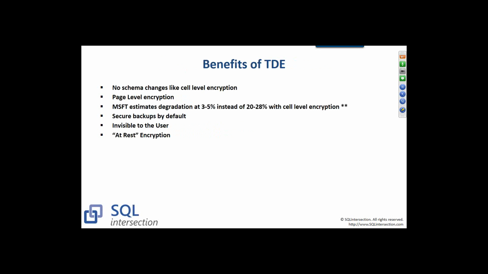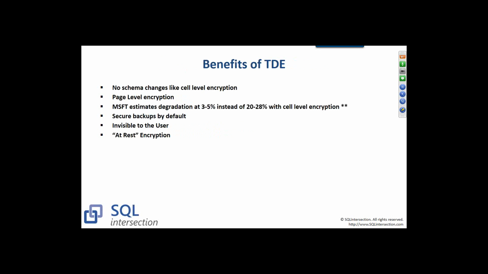The reason I leave it on the slide is for a comparison of TDE with cell level. These numbers may not be exact, but compare 3 to 5% as opposed to 20 to 28%. Those are the overheads you're going to get in TDE as opposed to cell level. So you can decide what you want to do, but the illustration isn't necessarily just for speed.